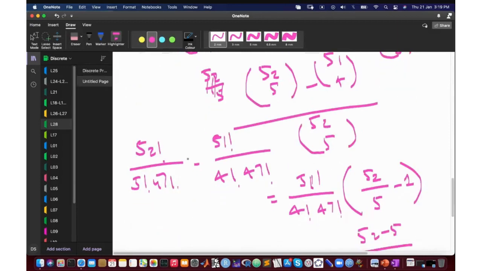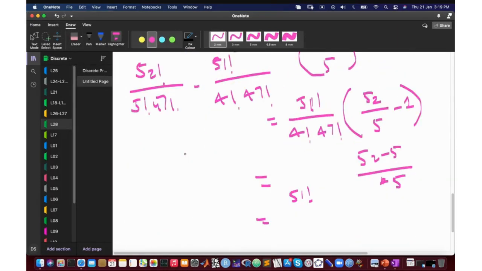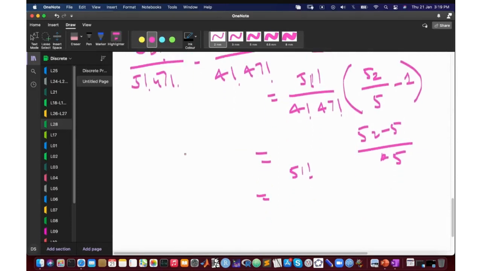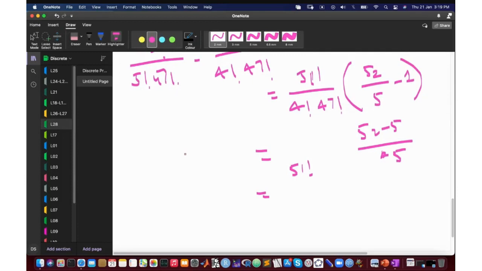I don't know if we could just put this in a calculator and see if the answer is the same. Do I look like a calculator guy to you? Okay, let's see where we are. So this gives 47. I'll get rid of 47, and I would be left with... there is a 46 coming out.